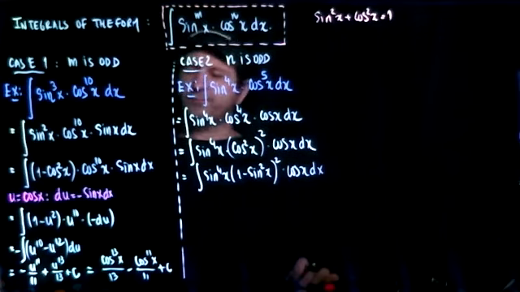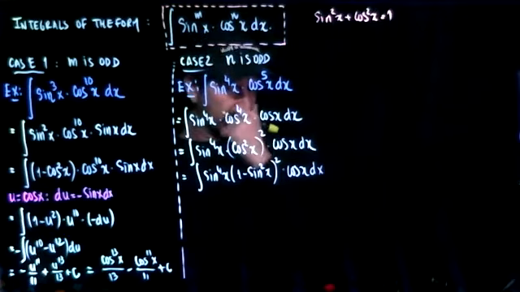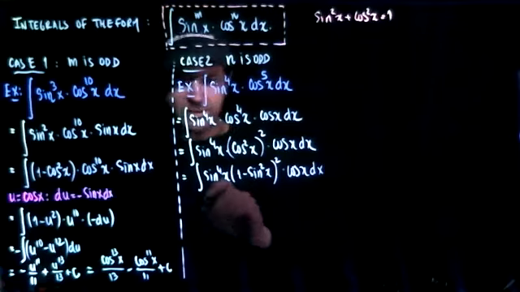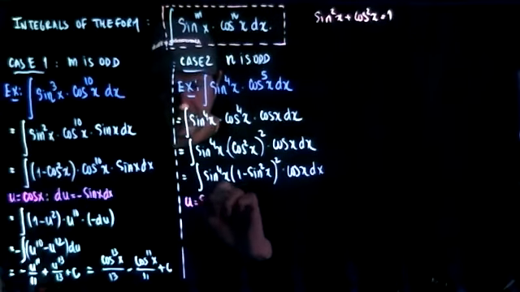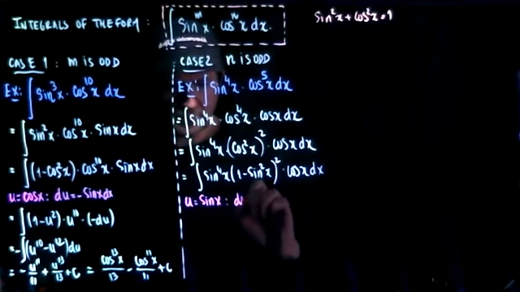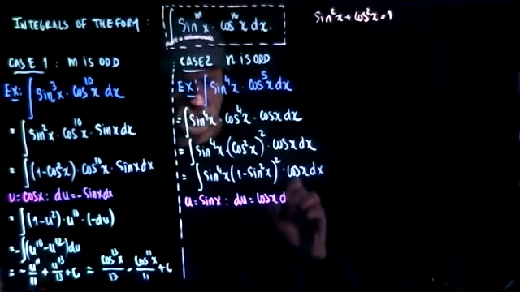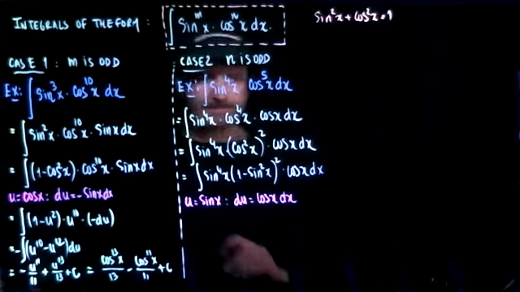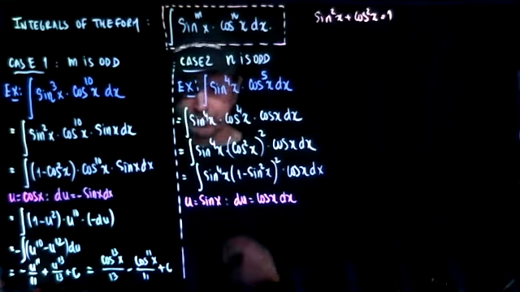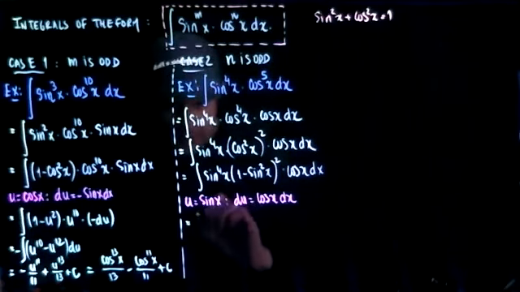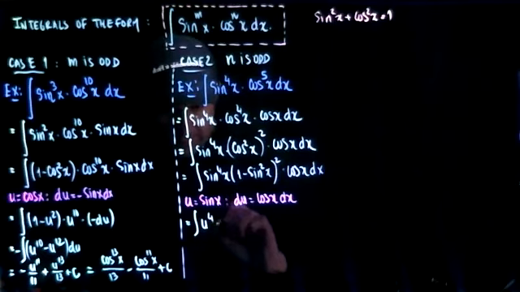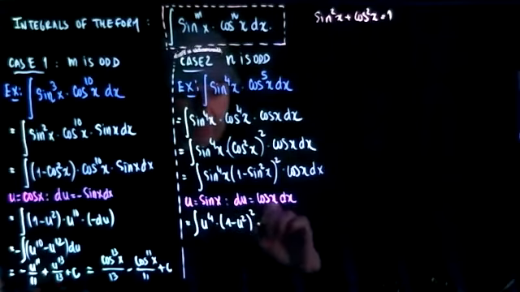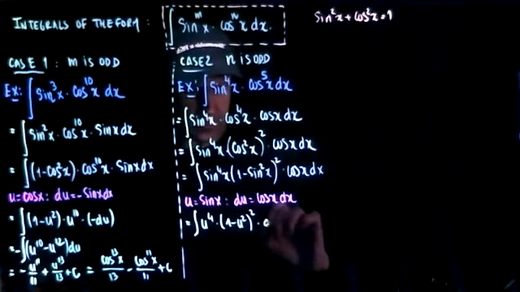Then just like what I did here, except now u will be sine x and du is cos x dx. So I have the integral of u^4 times 1 minus u squared squared du.